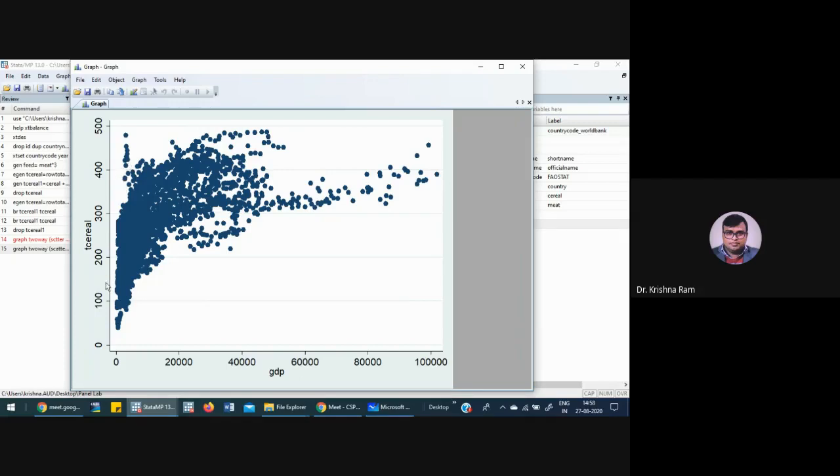So if you can see this graph, it shows us that there is a non-linear relationship between total cereal consumption and income.